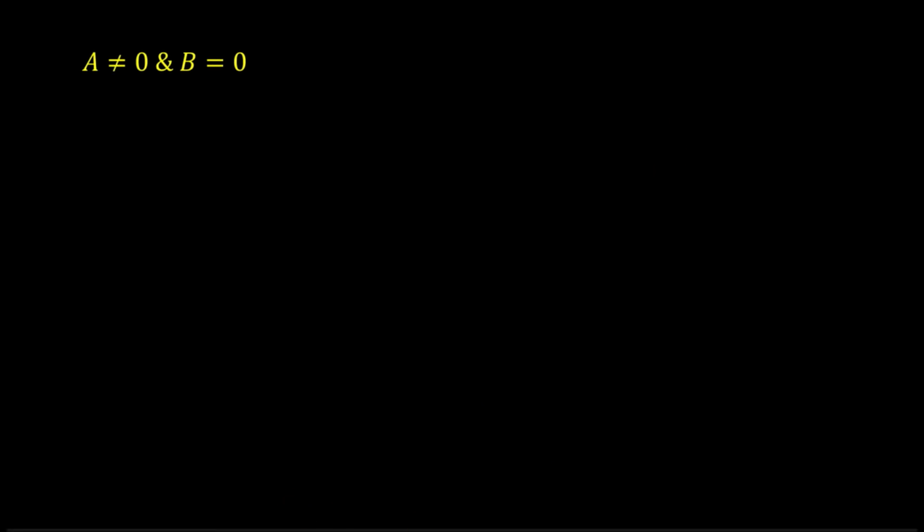Now let's consider the second possibility, A not equal to 0 and B equal to 0. Then from equation 6 we have the condition sin ka equal to 0.